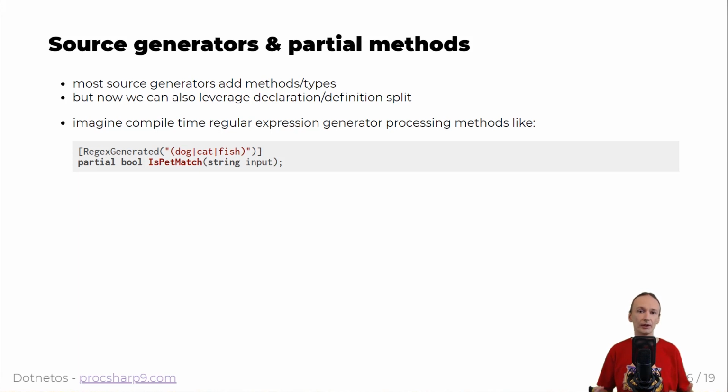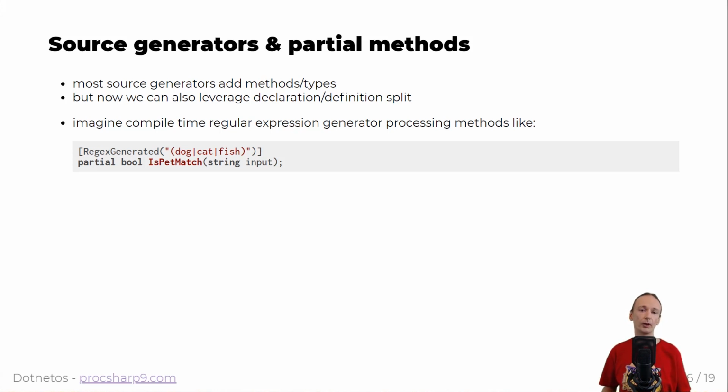And the source generator can scan the whole file, the whole project for methods that have the RegexGenerated attribute and may generate, so implement, the code for it to provide a very nice, efficient, optimized regular expression machine that will be responsible for matching this particular regular expression.